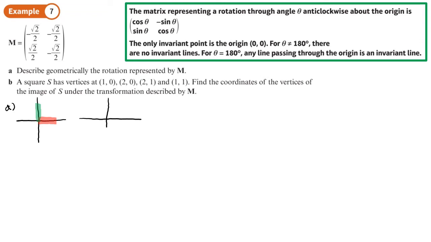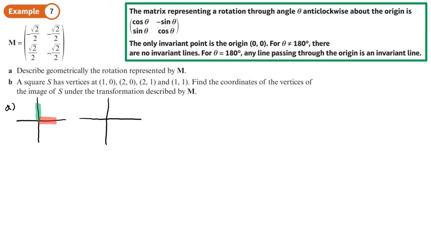Right, so the first column, I've got these points. One is negative root 2 over 2, and then root 2 over 2. So they're going up at angles. They're not exactly on the axis this time, not a problem.